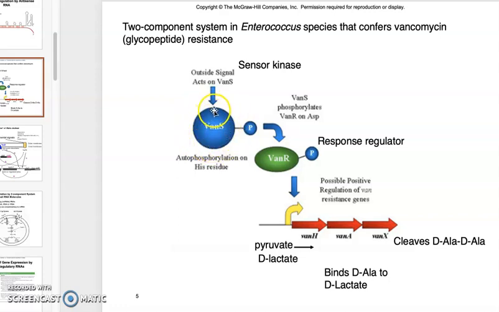By activate, I mean it causes VAN-S to autophosphorylate, just like you saw with EnvZ in the OMP model. The phosphate group is then transferred to the response regulator VAN-R, and VAN-R phosphate can activate the VAN operon that you see here, H, A, and X.